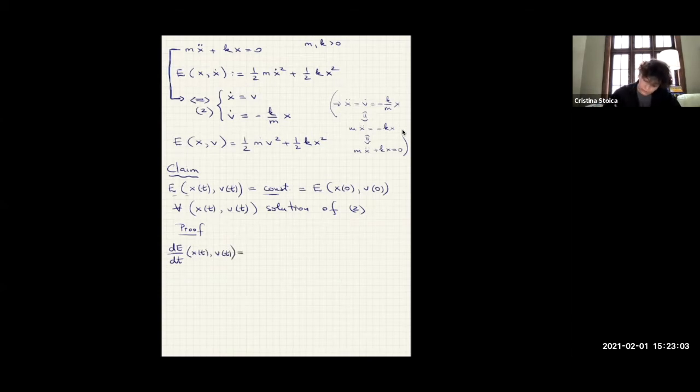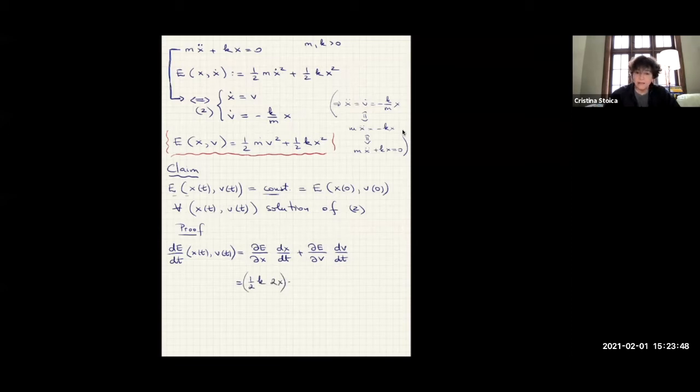So this will be dE dx times dx dt plus dE dv times dv dt, by the chain rule. Remember E is the function that depends on 2 variables, x and v. So dE dx is 1 over 2m times 2 kx, times dx dt.